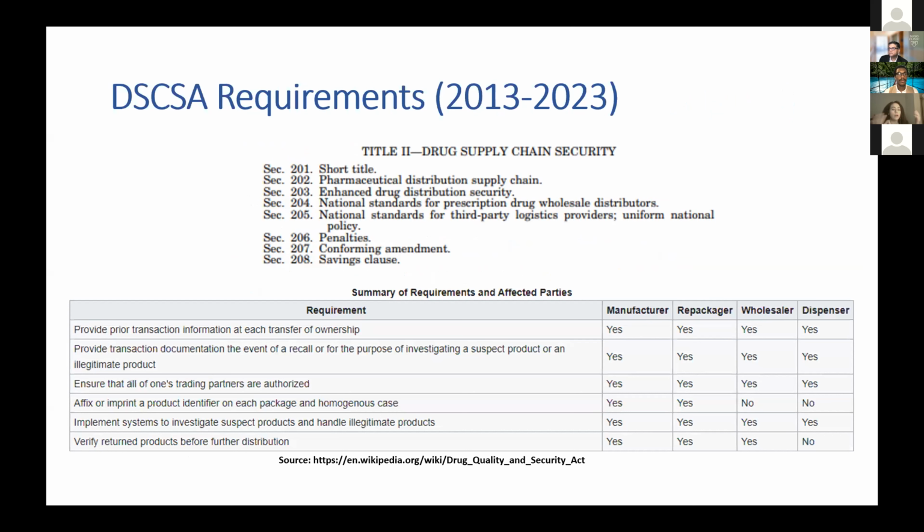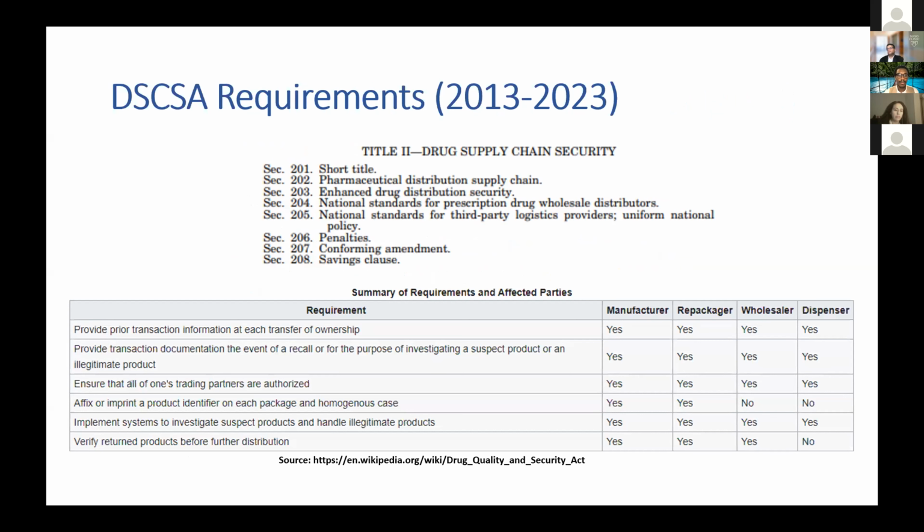So there were a broad range of requirements here, and there was a great summary I was able to find early on that across the whole life cycle: manufacturers, repackagers, wholesalers, and dispensers. Dispensers can sometimes be just a general pharmacy, an independent pharmacy, an in-hospital pharmacy, and some nursing homes can actually count as dispensers.